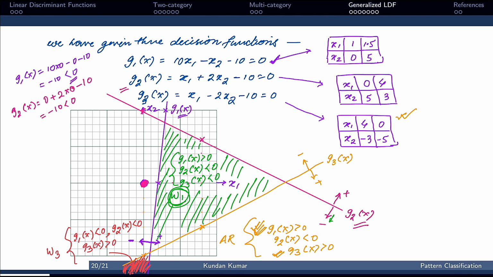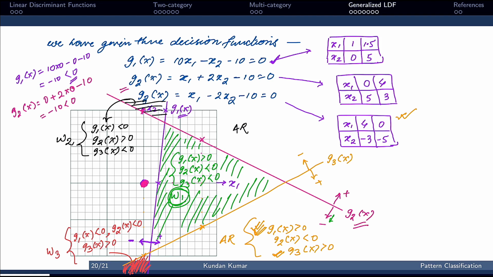Similarly, all the regions we can scan, and we can find that in this region g1(x) is less than 0, g2(x) is greater than 0, g3(x) is less than 0, so it belongs to omega 2, and the rest of the regions are ambiguous regions.